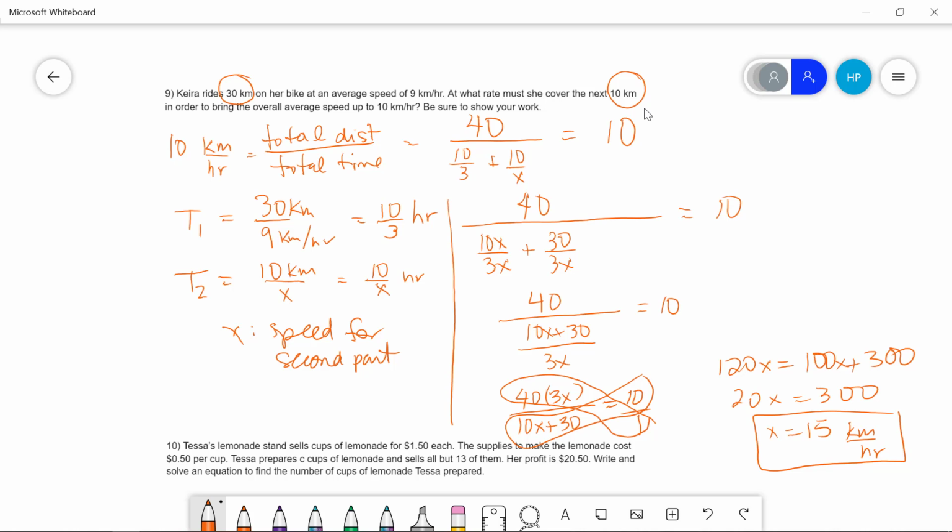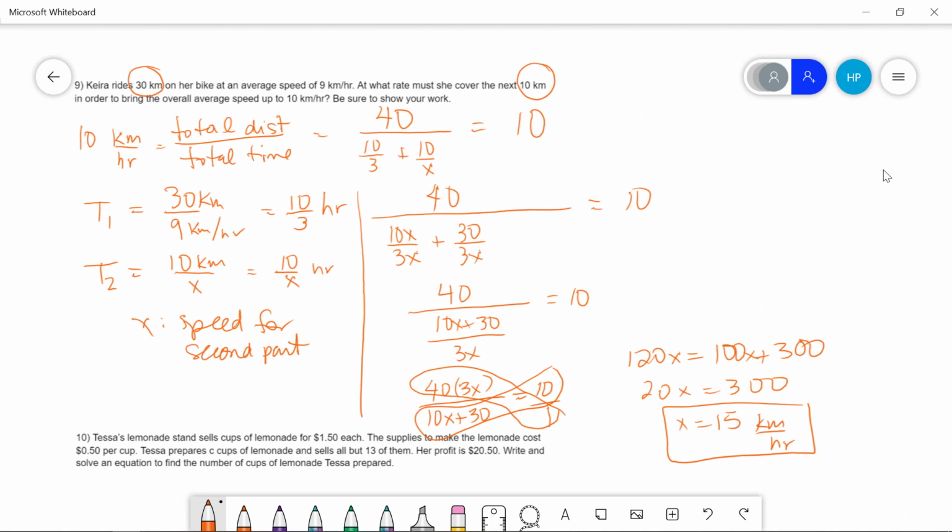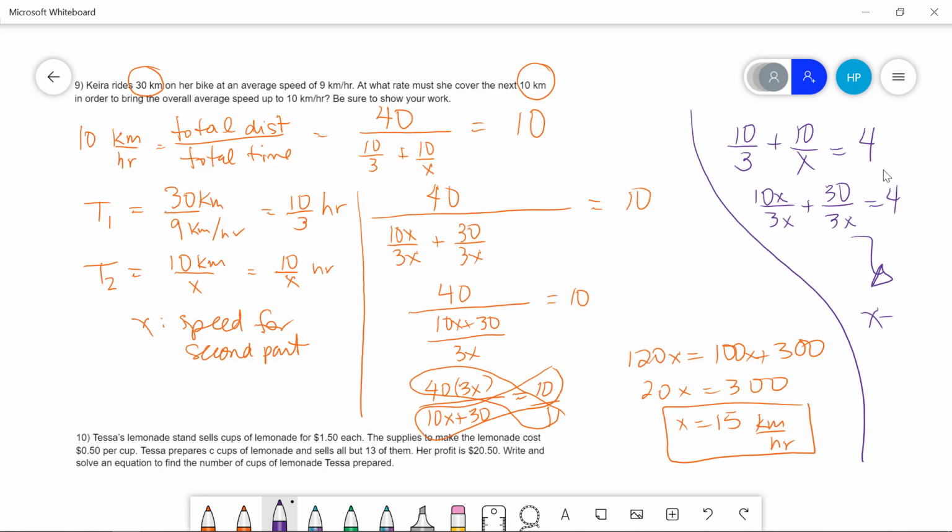And I guess looking at this problem again, I just realized that 40 divided by something equals 10. I know this thing in the denominator has to be 4. So after all that, I might even say this is a cleaner way to do it, which happens a lot when you solve a problem, right? And then I could solve that problem in the same way, getting the common denominator, and get x equals 15. I like that way even better.